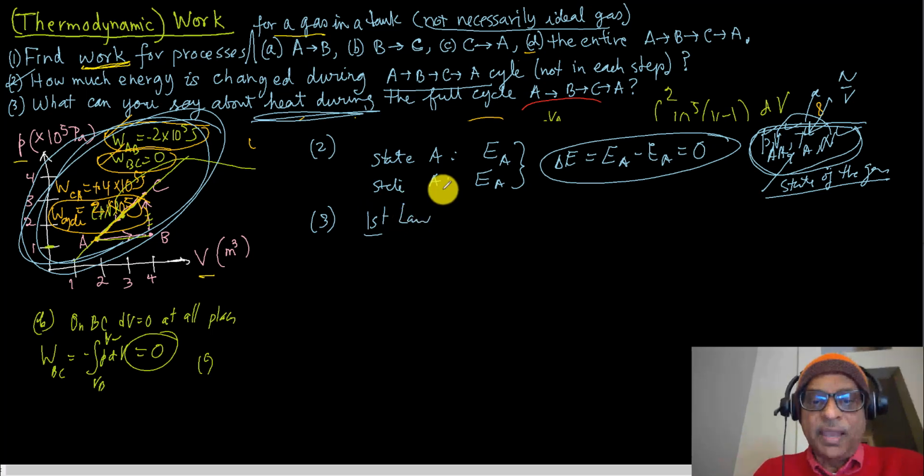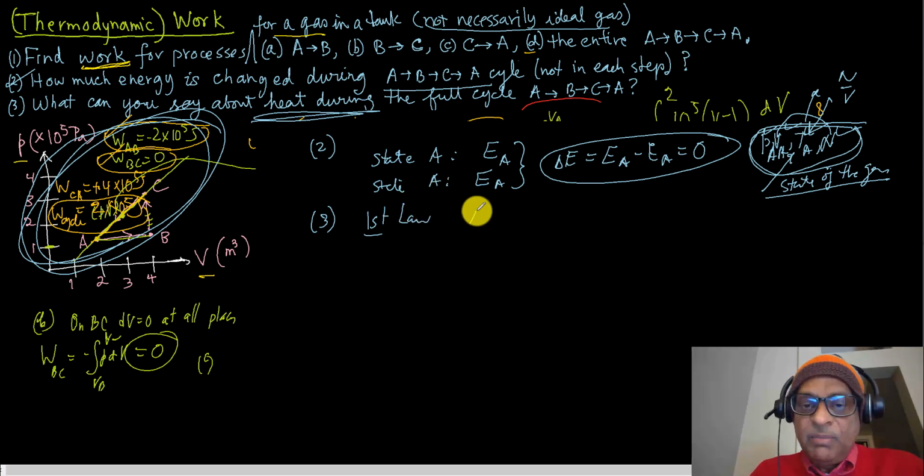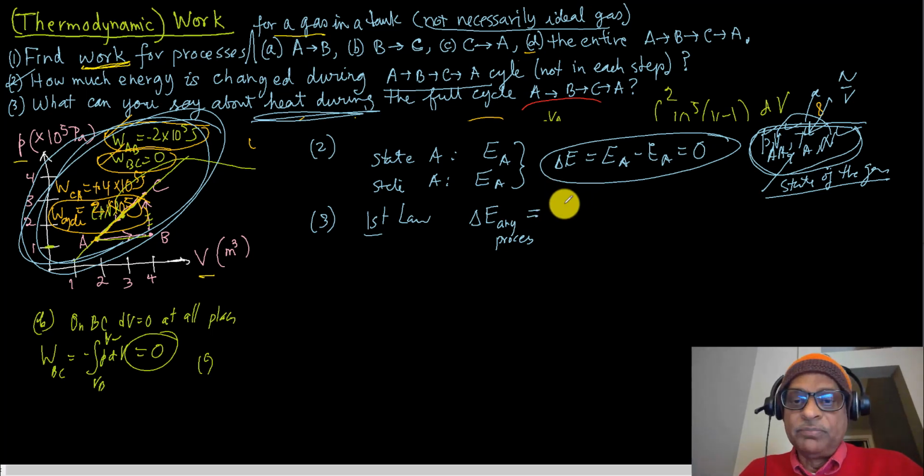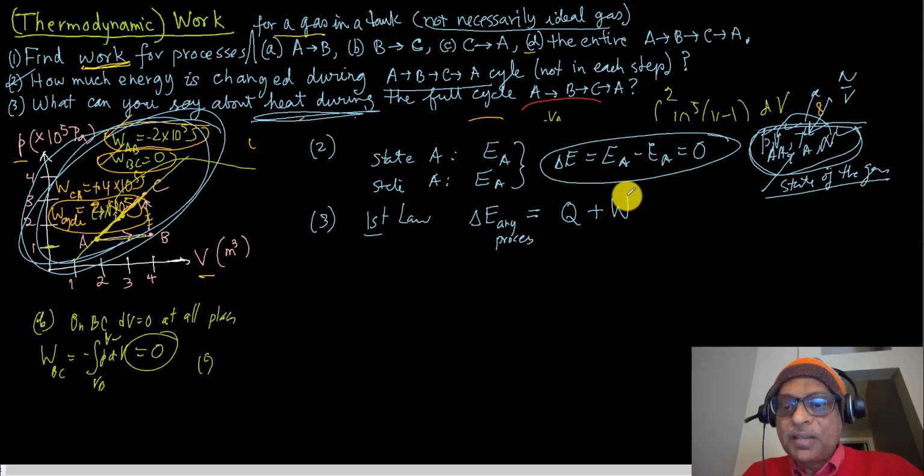In any process, any energy change that could happen can come about through the mechanism of heat, the mechanism of work, and the mechanism of changing the number and types of particles.